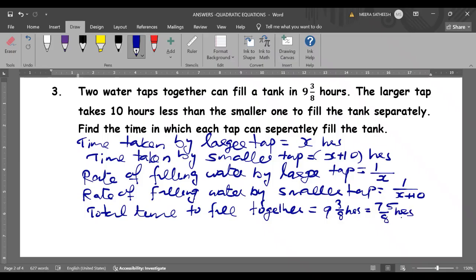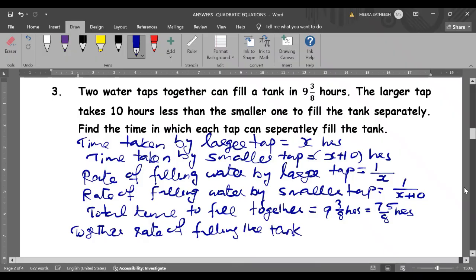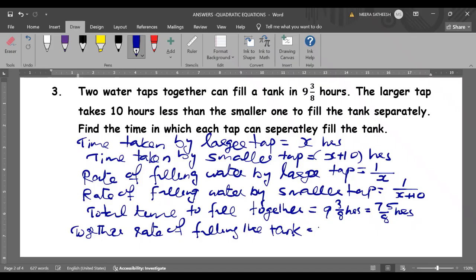So here also, together both the taps in 1 hour, how much can they fill? 1 by 75 by 8 means 8 by 75, no. So here together rate of filling the tank is equal to 1 by x plus 1 by x plus 10 is equal to 1 by 75 by 8.